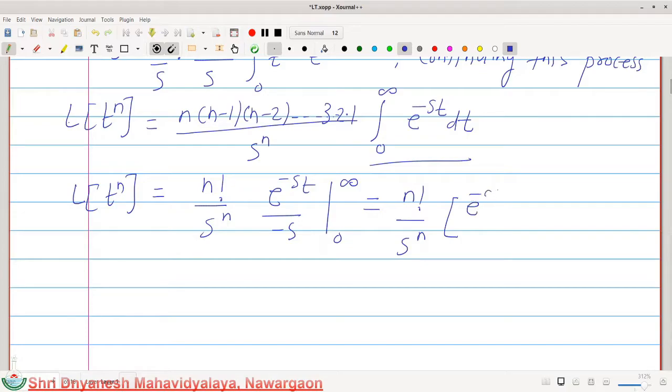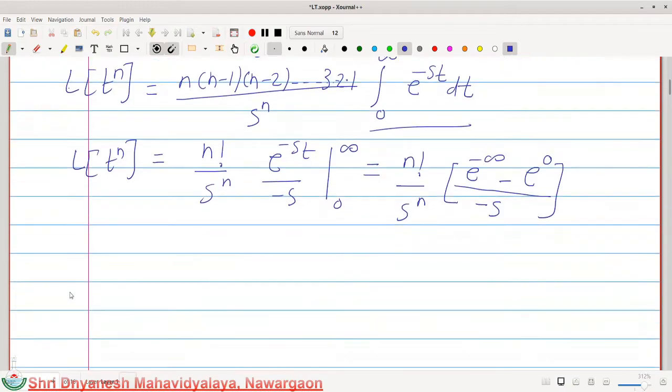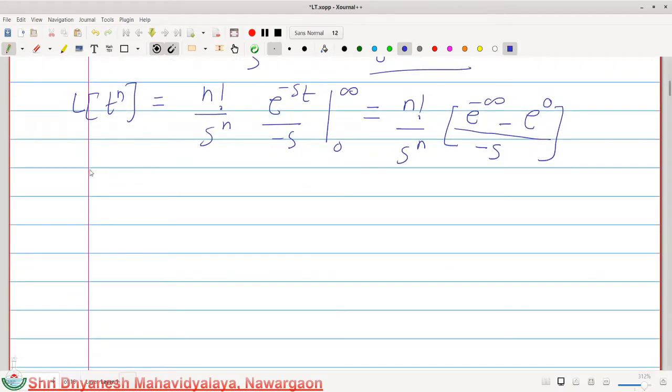This will be e to the power minus infinity minus e to the power minus st at the lower limit, that is 0. It will be e to the power 0 upon s, particularly minus s. Okay, so what will be the final answer? Laplace transform of t to the power n equals n factorial.